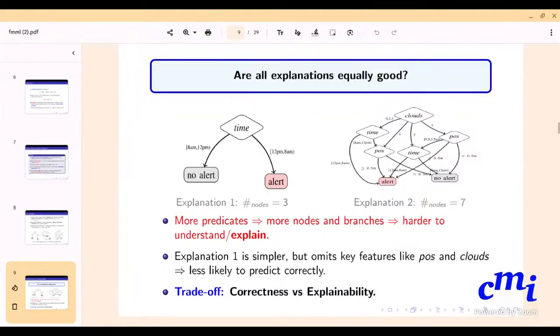Before you introduce this, show a DNN. There's one single DNN with inputs. What are the inputs there? Position, time, and clouds. Those are the inputs. Then there is a box. The output is alert or no alert.